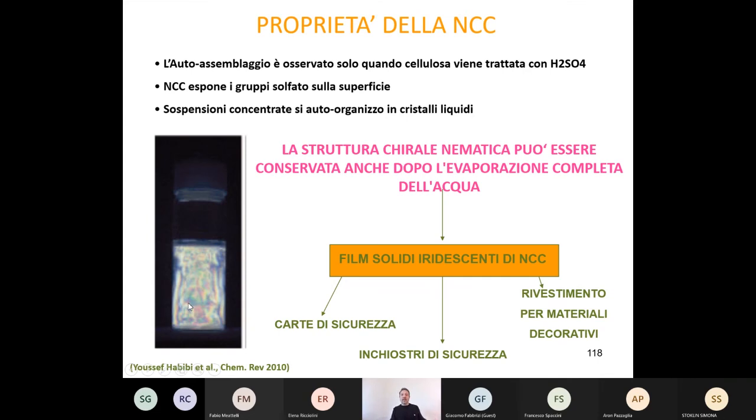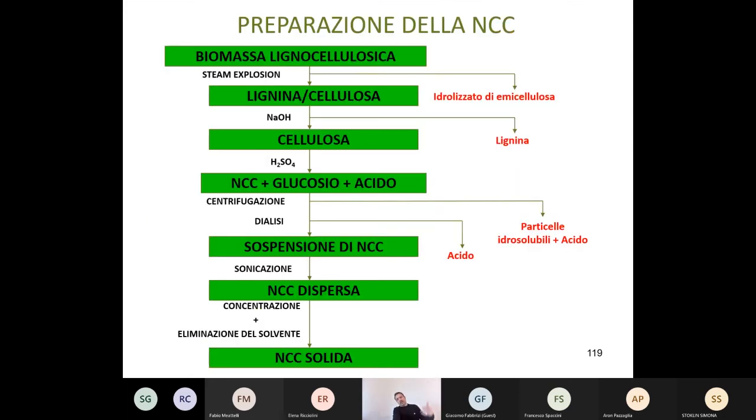I don't have all the time, but probably someone can have a look at our laboratories. It is a very long pathway, but in some cases it can be justified by the added value of this material. If you have to make a lot of steps to produce, for example, biodiesel or bioenergy, which have a low cost compared to other products, it could make no sense to have such a complicated chain.